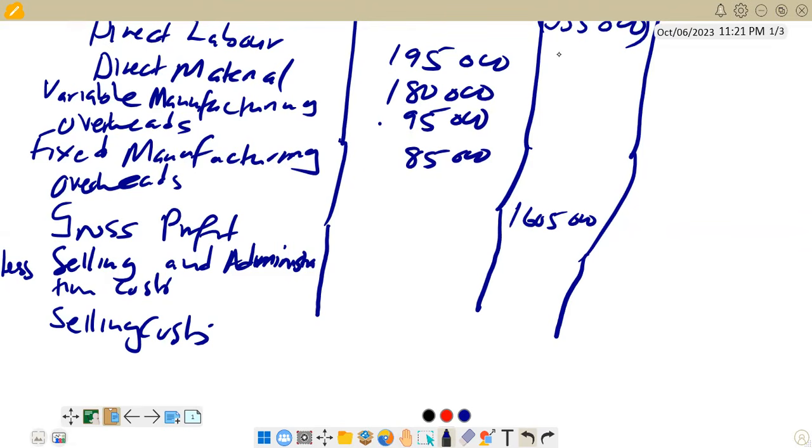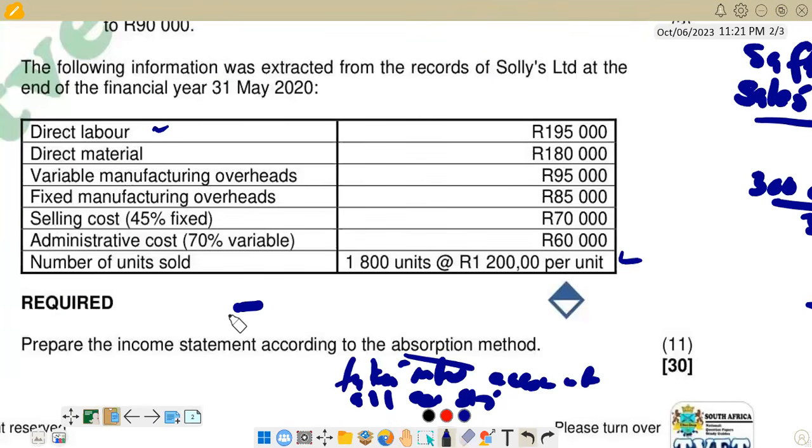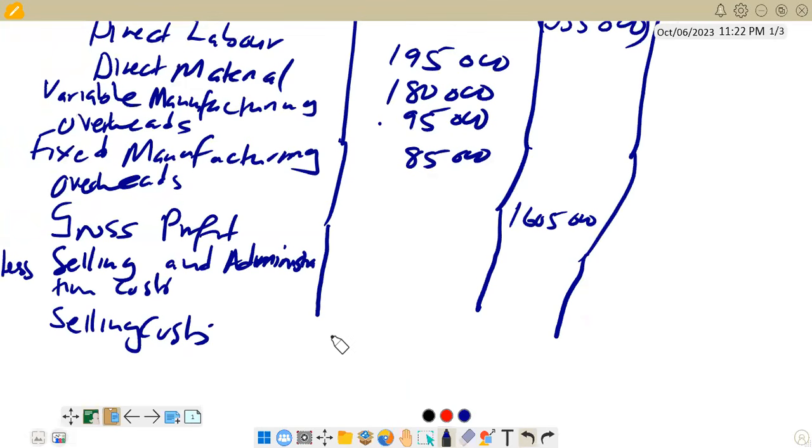Right. Our gross profit is 1,605,000. Then we want to check the figure for selling and administration. Our selling costs are here. We have got 70,000, and then administration costs we've got 60,000. So those are the ones that we are going to put there. Selling costs, 70,000, so we are going to put them here.